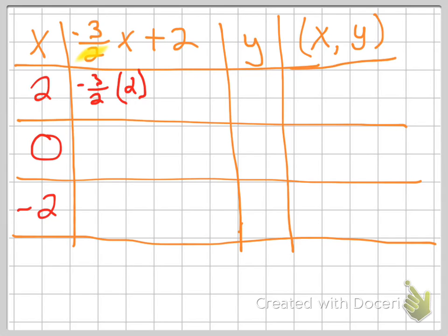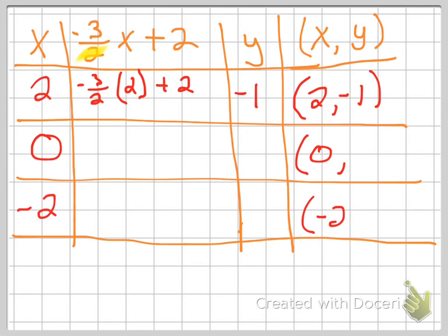That's what we're plugging in for x, plus 2. When you punch that in, that should give you negative 1. Now we just created a point. 2, negative 1. Notice I put x first. Fill in the table.